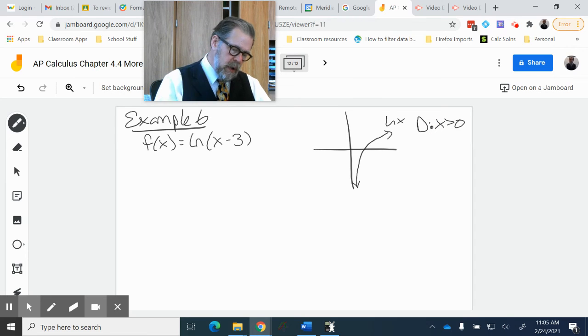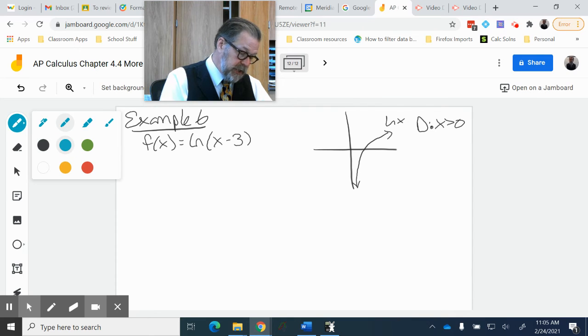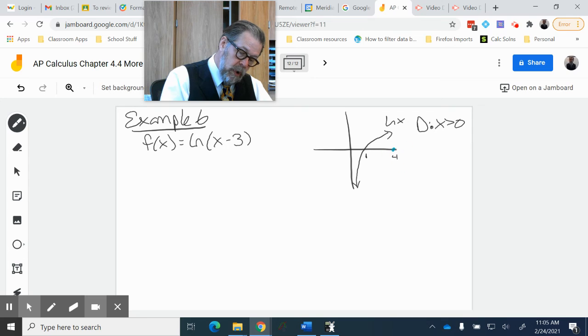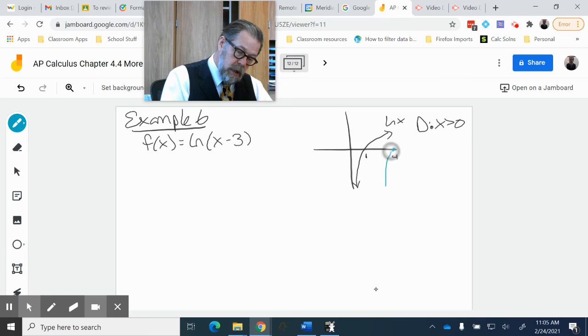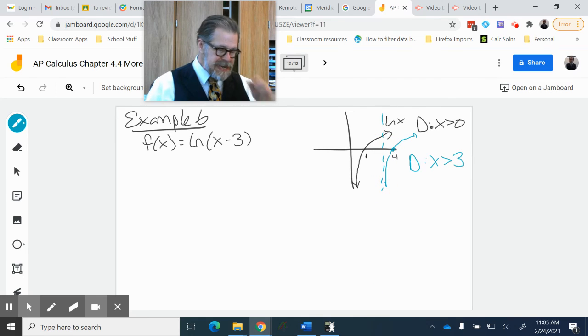And we know that the natural log of x minus 3 is a transformation, and this had an intercept of 1. So this will have an intercept of 4, and it will have a domain of x greater than 3 because we now have an asymptote over here at x equals 3.